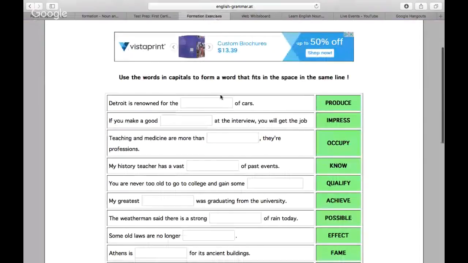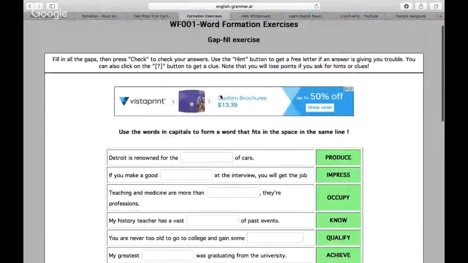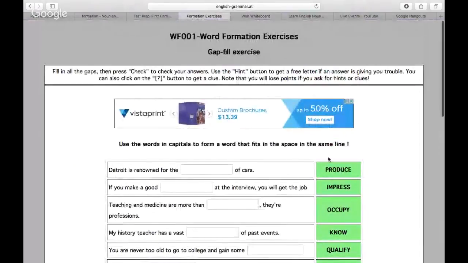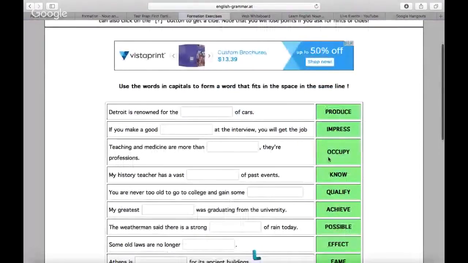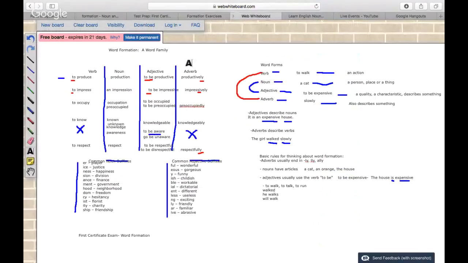So this one is not FCE, but I just searched for word formation exercises and I chose some of these words here. So a good activity to do is to find one of these, look for these words, open a dictionary, and first make a word formation chart.